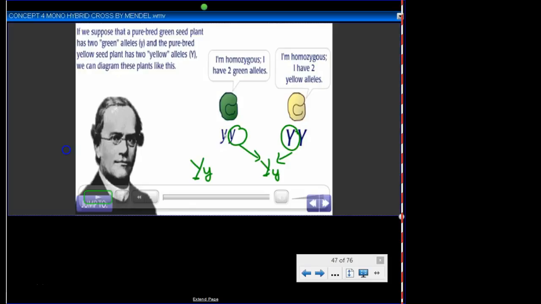What is the chance of having a baby pea plant out of this cross here that is green? Any predictions? What do you think the chances of having a green pea offspring? 50%? It's a 25% chance. You're right.